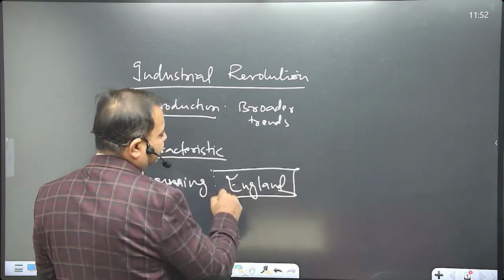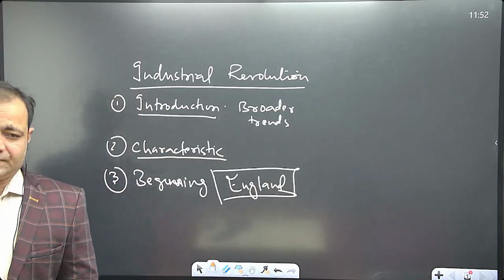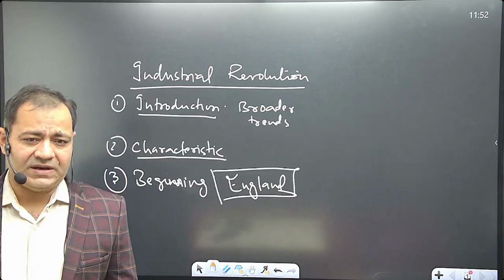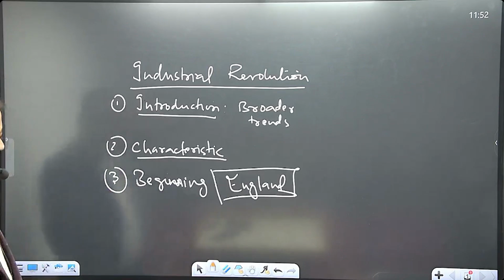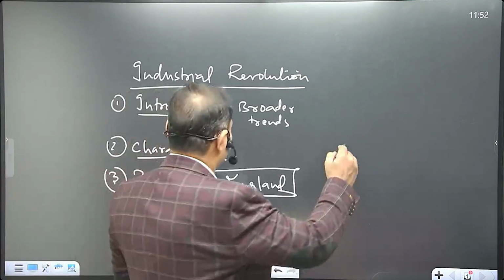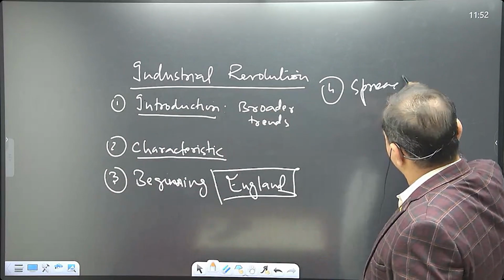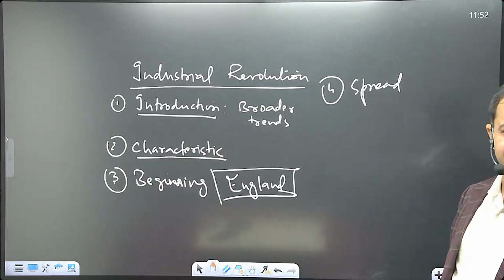And in the beginning there is a very important issue: why in England? Is this position clear? Why in England? And then we can move further to take note of the fourth, that is the spread of industrialization.